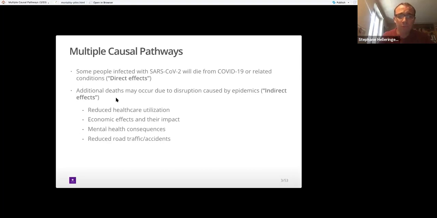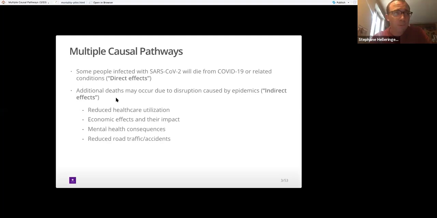So these result, for example, from reduced healthcare utilization during a pandemic, for example, if health systems get overwhelmed, or if potential patients become wary of attending health facilities. There may also be economic effects of pandemics that might have an impact on people's health.